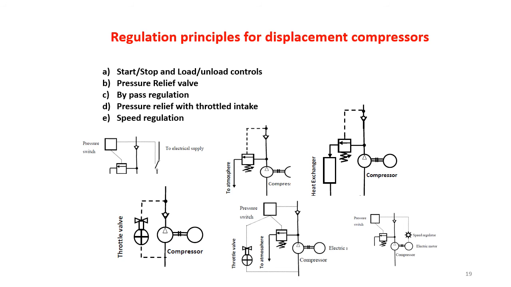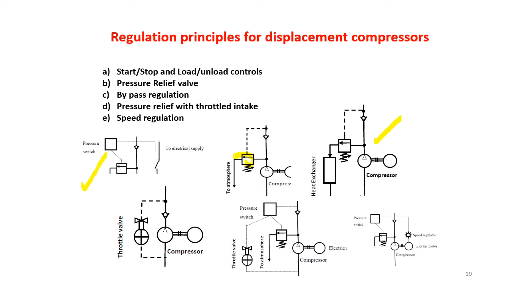So there are various regulation principles for displacement compressors. These are some diagrams which are given: start and stop and load and unload control, which is given by this first diagram. Pressure relief valve control is reflected in this diagram. Bypass regulation is indicated by this diagram.